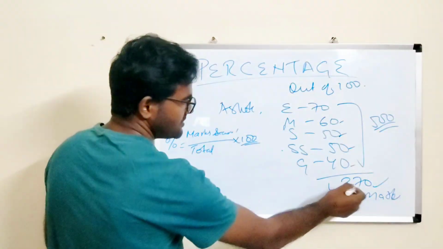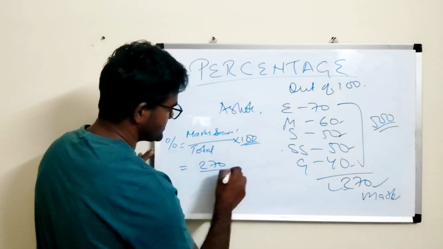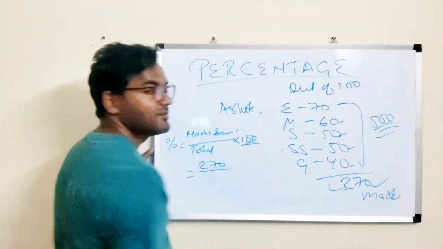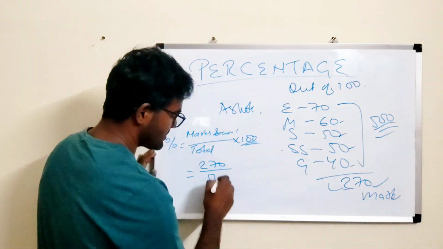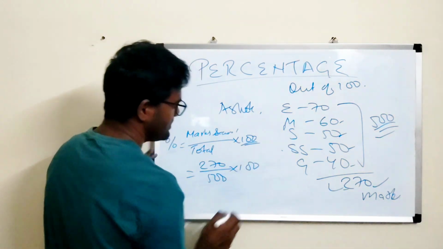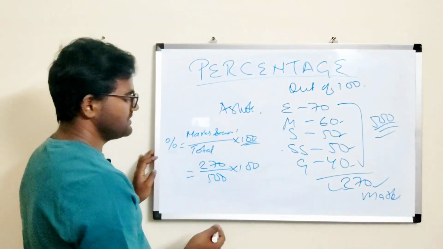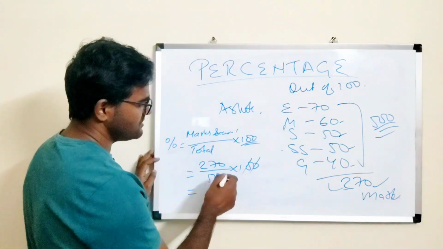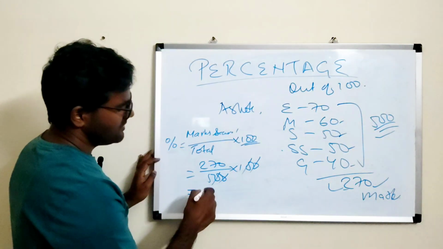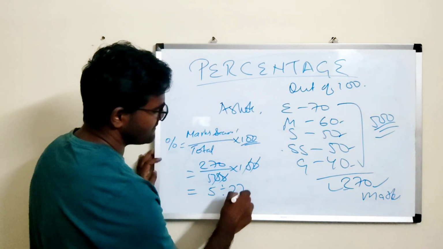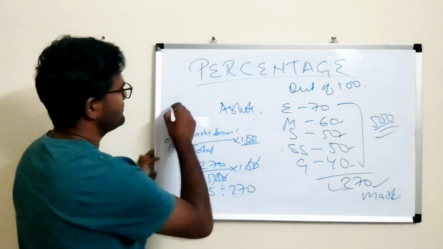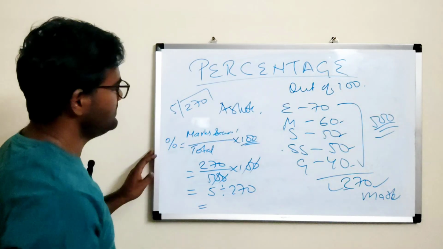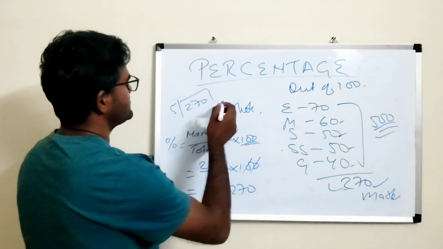So marks secured is how much? 270, alright? Marks secured is 270. Then what is the total mark? The total mark is 500, right? Total mark is 500 into 100, alright? So now what we will do here is that we will divide. Or we can just cut the zeros. Now 5 divide 270. So you are going to get what? So let us try to divide, alright?